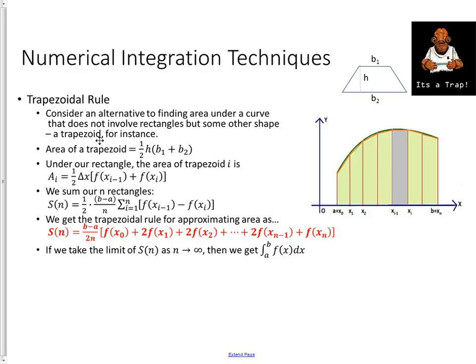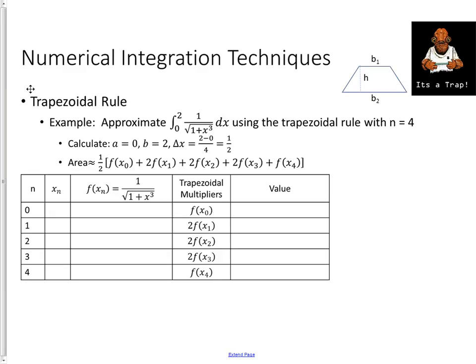Now the best way to illustrate this is by example. So let's consider an example where we want to approximate the integral from 0 to 2 of 1 over the square root of 1 plus x cubed dx using the trapezoidal rule with n equals 4. Now, I will point out that the antiderivative of 1 over the square root of 1 plus x cubed is not an easy integral that we can handle using elementary methods.